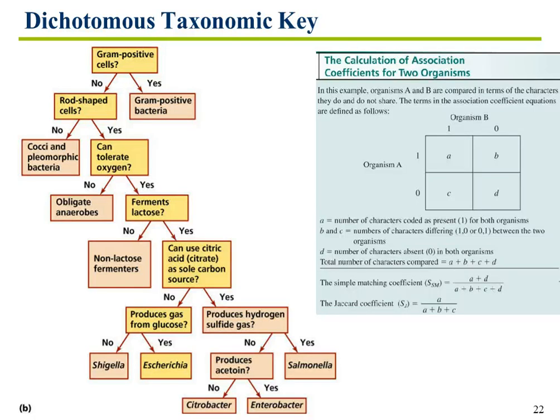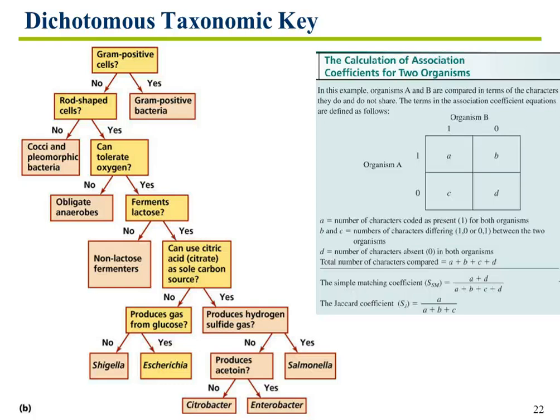For example, in this key, your first choice up at the top, it's asking you, is it gram-positive? Yes, no. If it is yes, then you go to the right. If it's not gram-positive, if it's pink, which means it's gram-negative, you go to the left. It's a no. Then it asks you, is it rod-shaped? Yes, no. Let's say that it is rod-shaped.